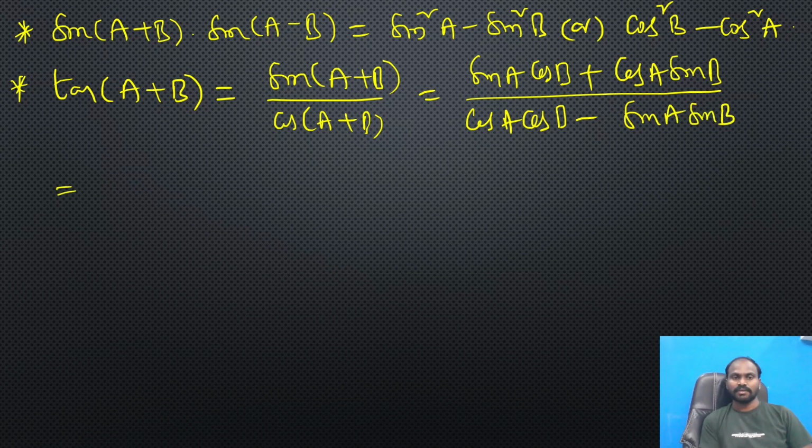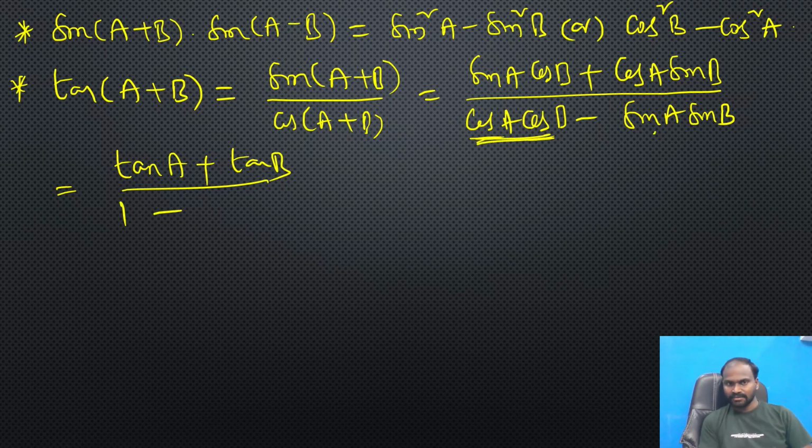Now what I will do is divide by cos a cos b. Just divide, cos gets cancelled, and you will get tan a, and cos a cos gets cancelled, you get sin b by cos b, which is tan b. And dividing the denominator, it becomes 1 minus sin by cos is tan, and again tan. So this is the formula for tan of a plus b.